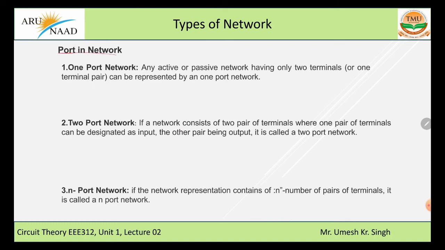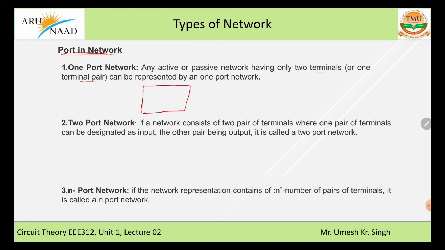Our last discussion is the port in an electrical network. We can have different types of networks. If any network has only two terminals, or simply one terminal pair, then this type of network is known as a one port network. Let us consider an example.